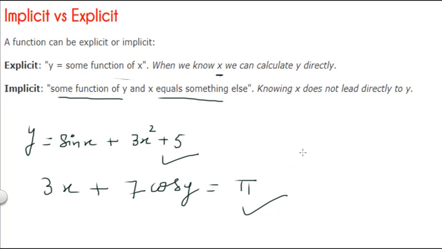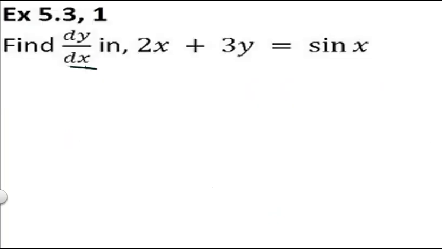Now let us go to the questions of these. Here comes the first question in which we have to find out the value of dy by dx. Let us solve it. So we will differentiate both the sides with respect to x.